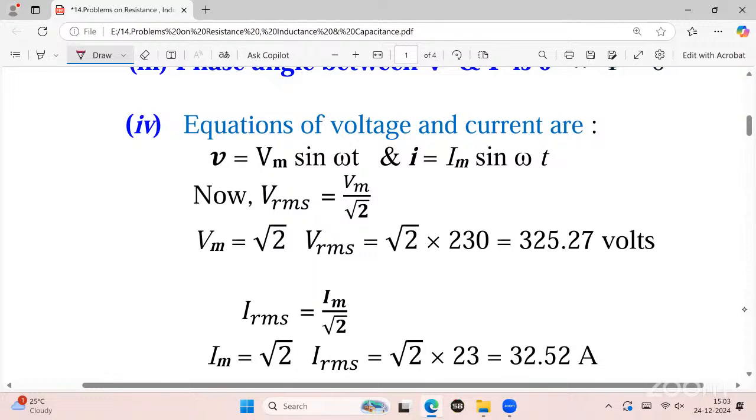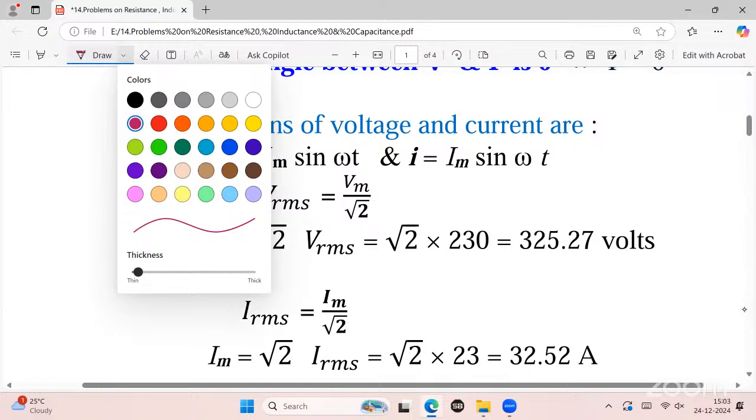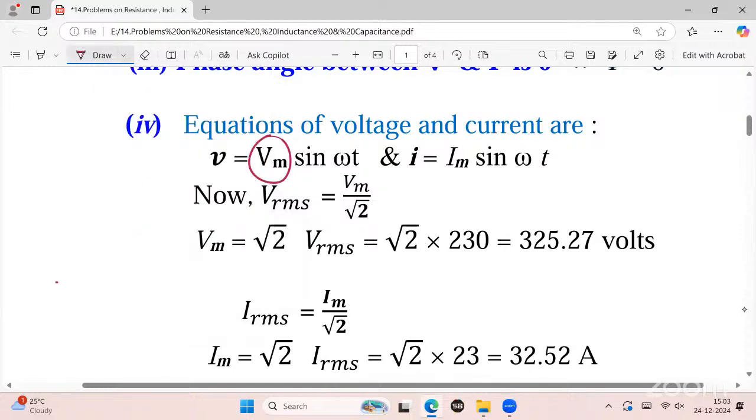Now we have to find out the Vm value, Im value, and omega. Three values we have to find out. After getting the values, substitute in the equation. That is called the equations of voltage and current.